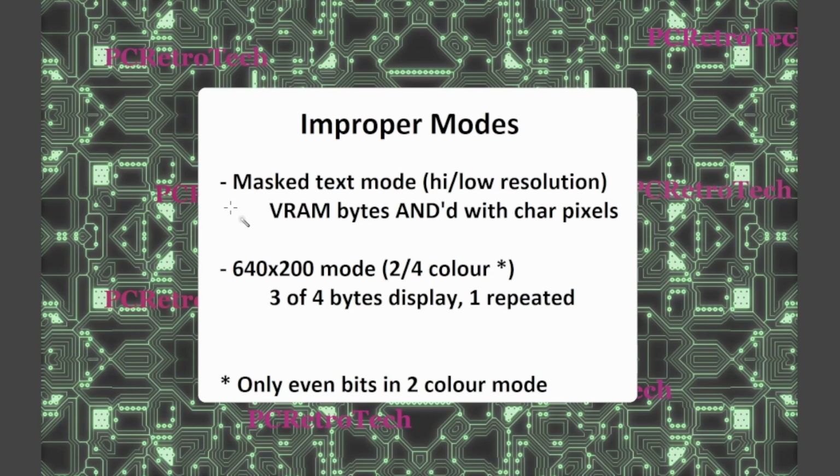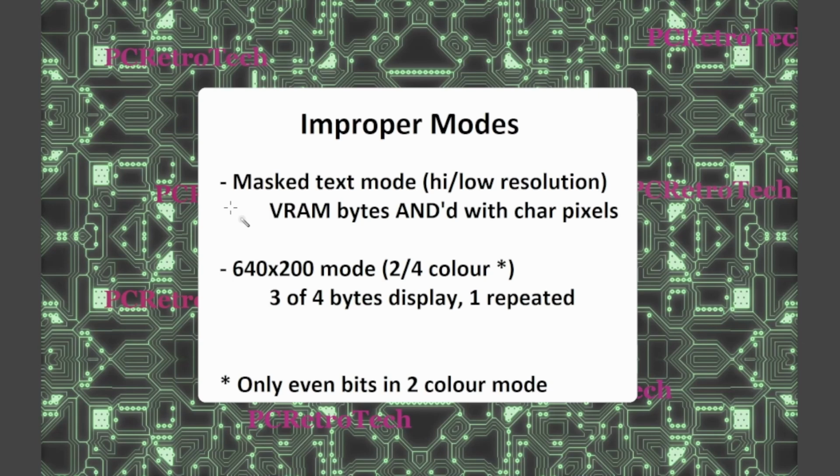The first is what can only be described as a masked text mode. So basically, it's just like the ordinary 80 by 25 or 40 by 25 text mode, and of course you can set the character height to 1 or 2 or whatever you want. But this has one additional weird feature. So basically, the information that's in video memory not only encodes which characters are going to be displayed on the screen, but it also acts as a mask, a bit mask, for the pixels that are displayed.